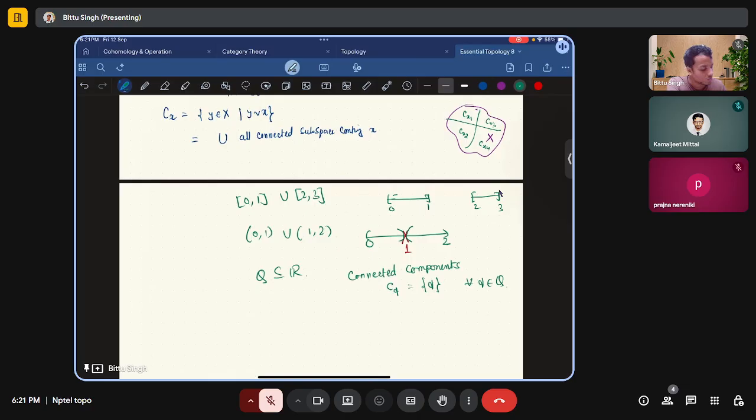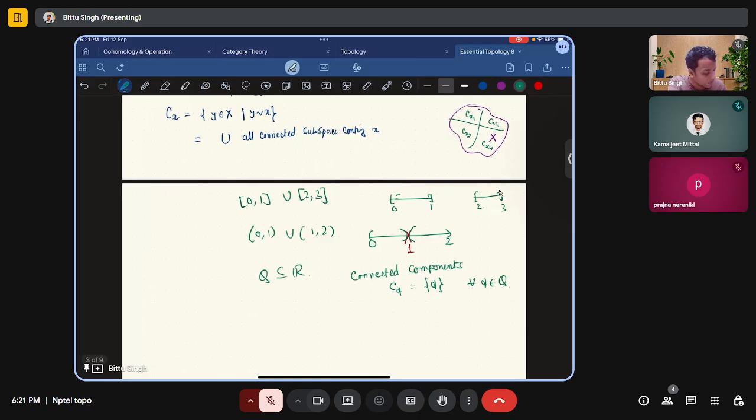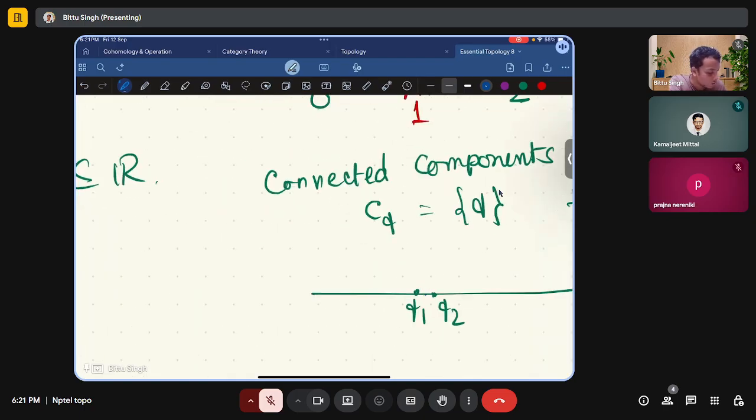Okay, because take any two points, for example q1 and another point q2, that will be disconnected. Why? Because there is always some irrational number which is strictly greater than q1 and strictly less than q2, and that irrational number will create the problem.